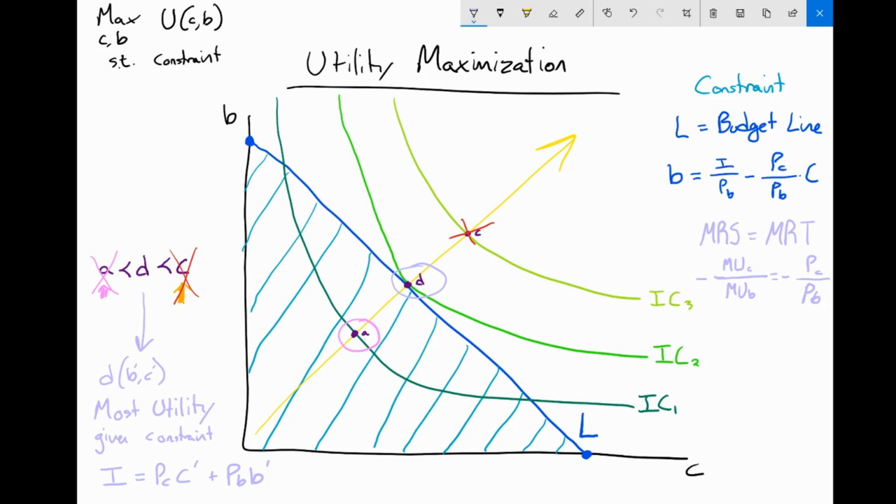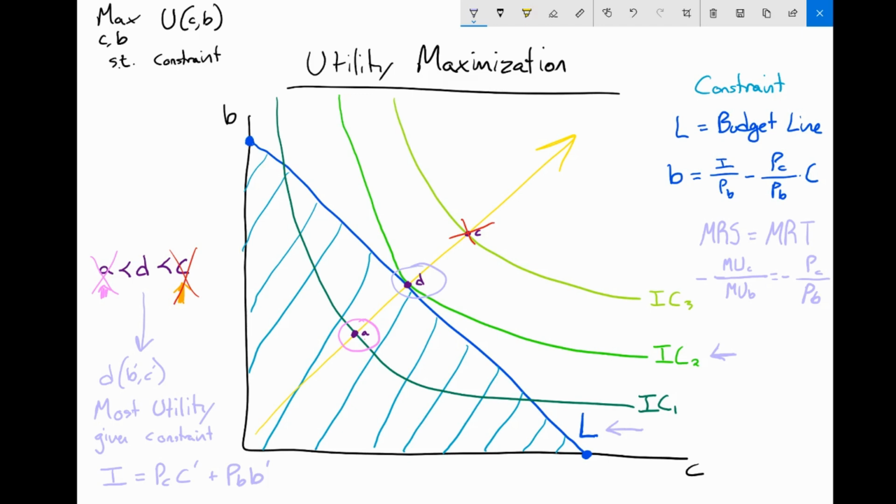With that said, now we have a graphical understanding of what we do when we're doing utility maximization. That is, we are looking for bundle D. We're looking for the combination of bagels and coffee that give us the highest level of utility that is possible given the budget constraint that we have.